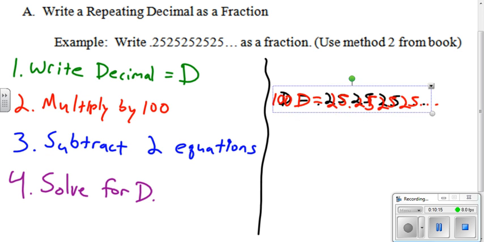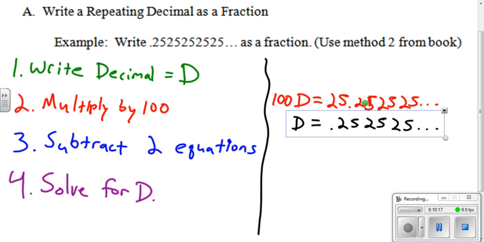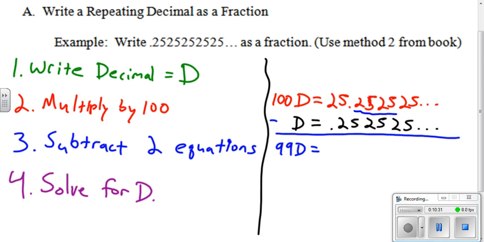So I'm actually going to move this one down so that we can subtract these two. It'll look like this. So we end up with 99d equals 25.25 repeating. Notice how this piece is the exact same as all of this.